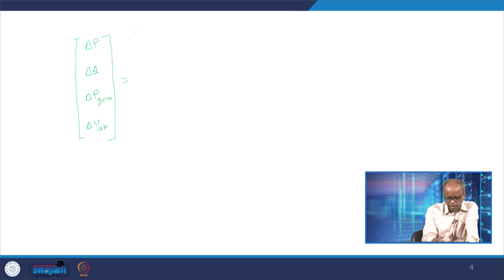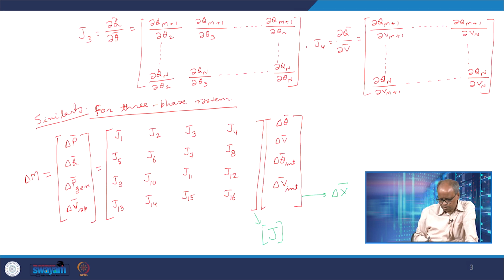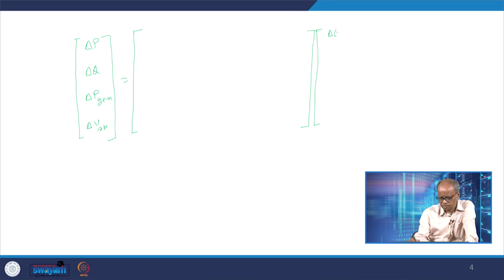So, what I have got is del P, del Q, del P gen and del V specified, and we have written as del theta, del V, del theta internal, del V internal. These are all vectors.